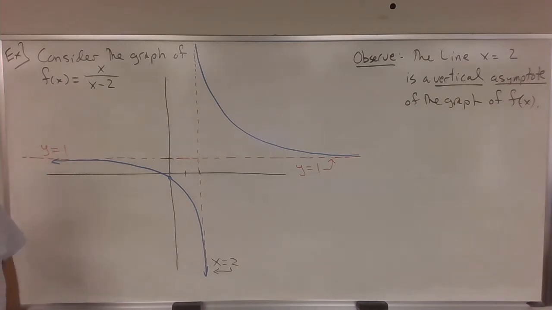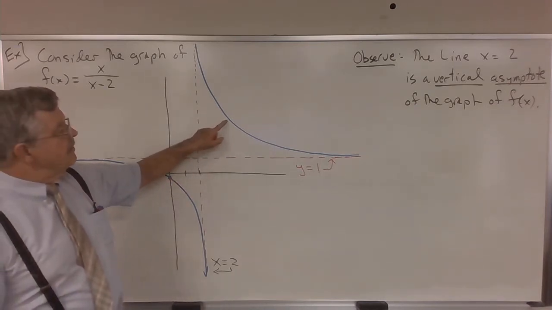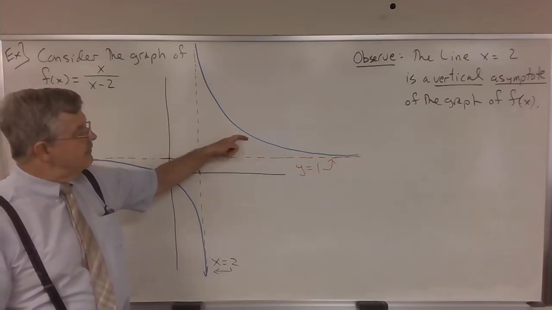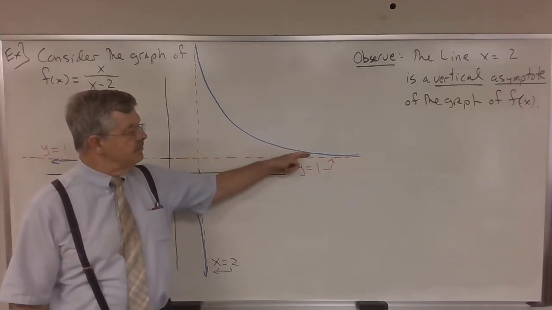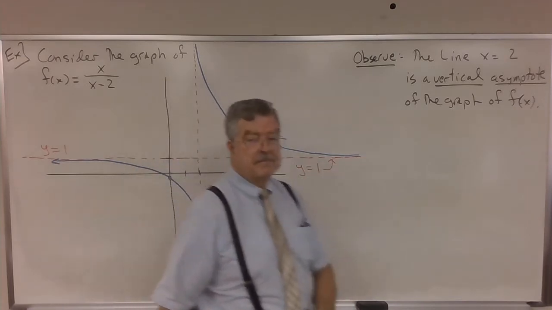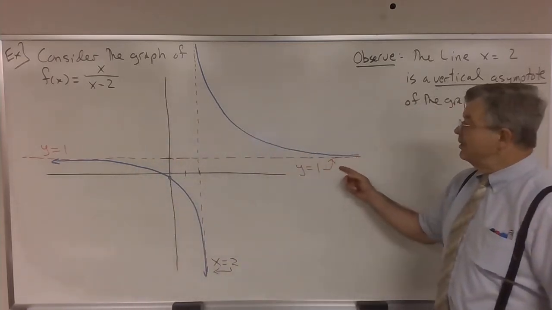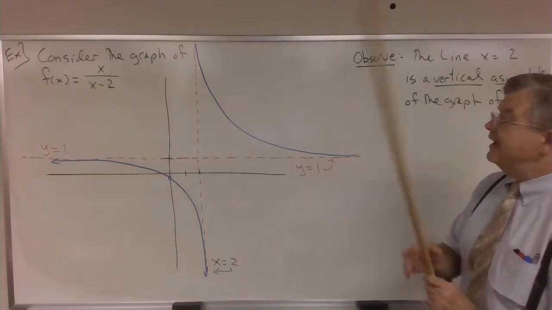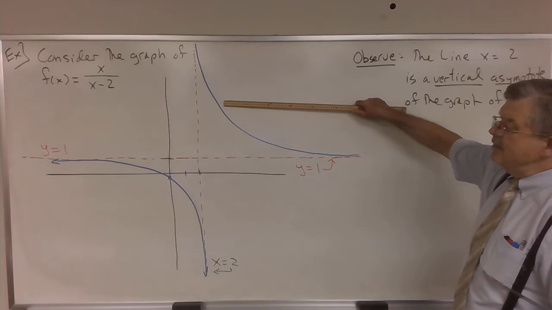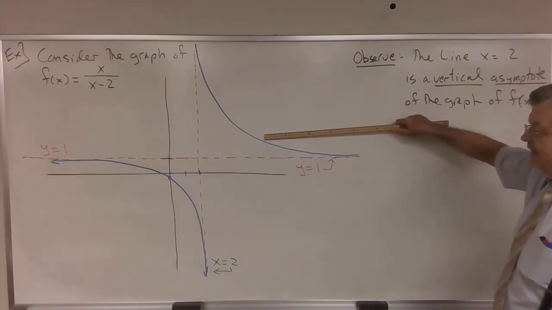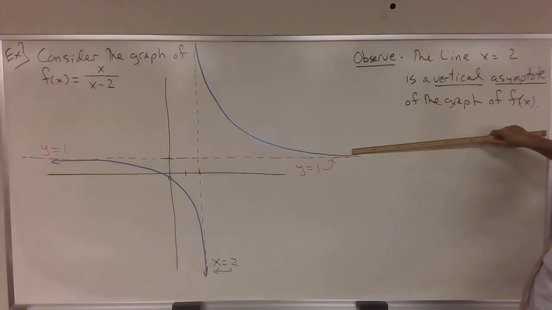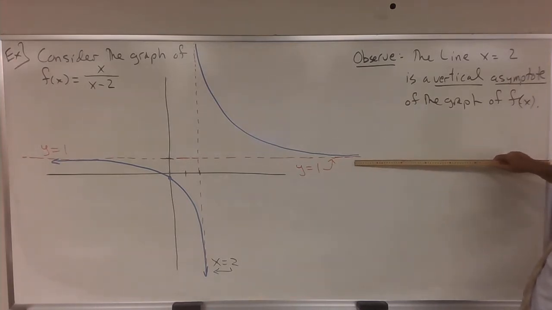Notice something. If I start on this portion of the graph and move along the graph in this direction, the graph gets closer and closer to the line y equals 1. If I start, let's say, right here on the graph, and I move along the graph in this direction, the graph gets closer and closer to this line y equals 1.